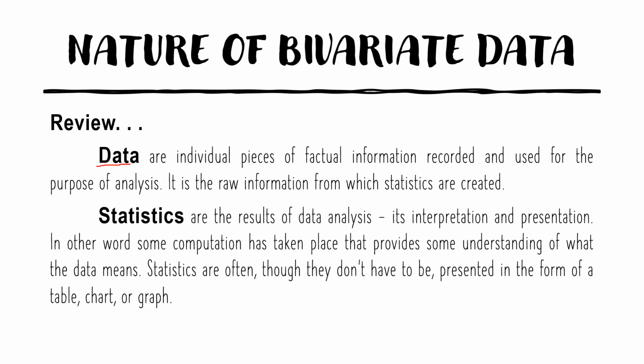When we say data, these are individual pieces of factual information. When we say factual information, it is information that solely deals with facts and is used for the purpose of analysis.